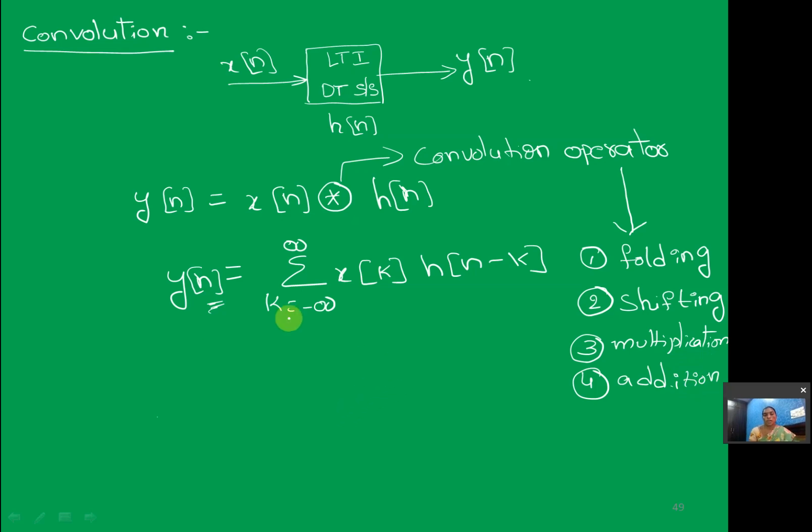So this convolution operator involves folding, shifting, multiplication, and addition operations. Based on this convolution, you can determine the output of the system. It is nothing but time domain analysis of the discrete time system.